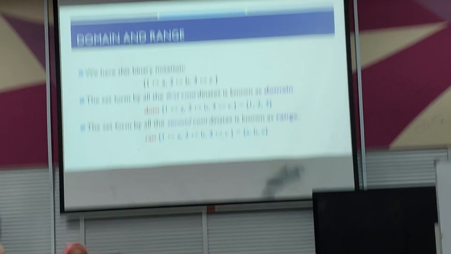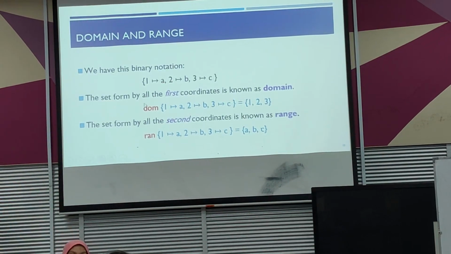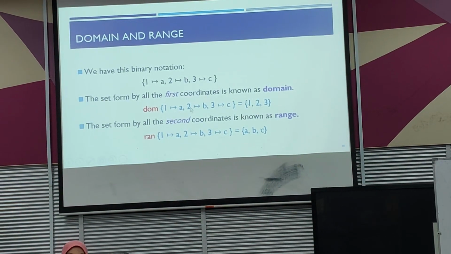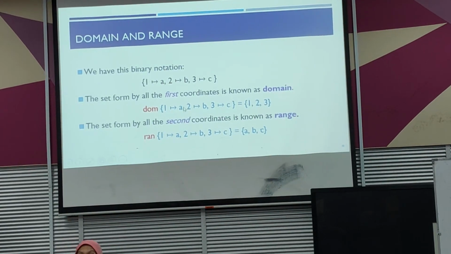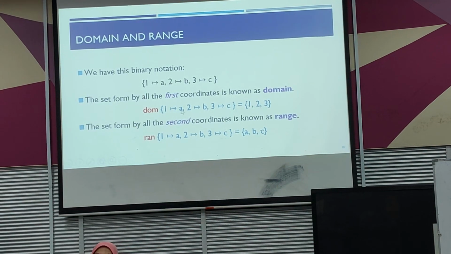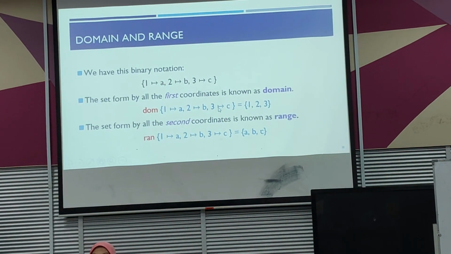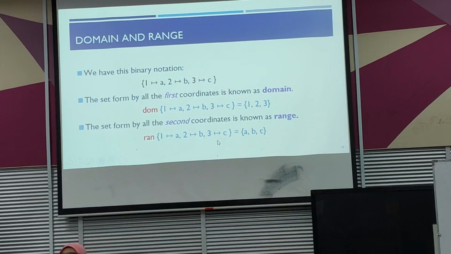Dom is for domain, ran is for range. If I put dom in front of a few pairs of records, I am taking the domain only, the first ones, 1, 2, 3, as my answer. Whereas if I put ran, I will take A, B, C as my answer.